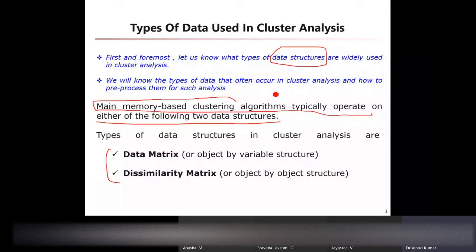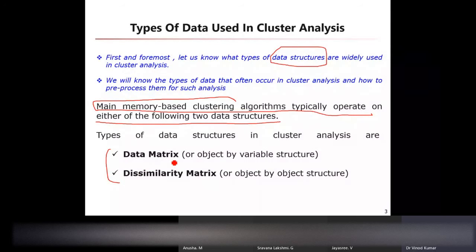If the data is very large, disk resident clustering can also be done, meaning we keep the data on disk. But here all our data will be in the main memory. For that we have two data structures: first the data matrix, and next the dissimilarity matrix.